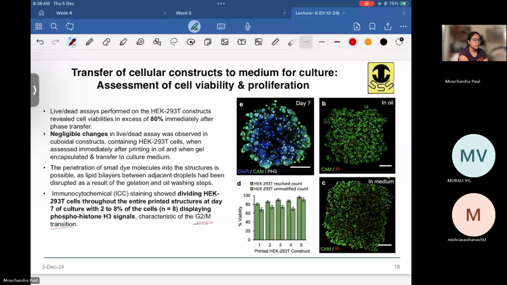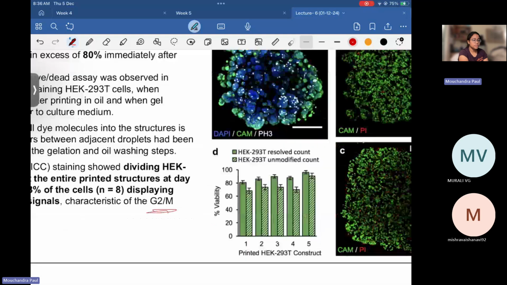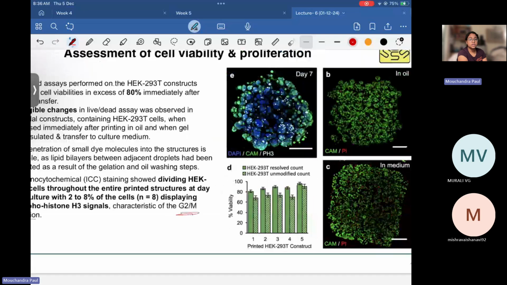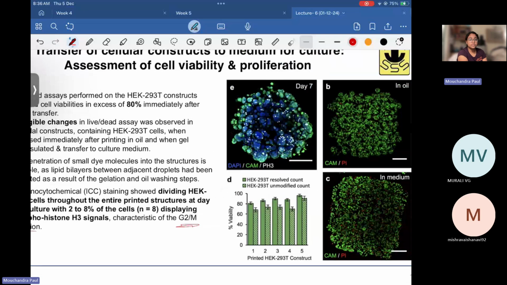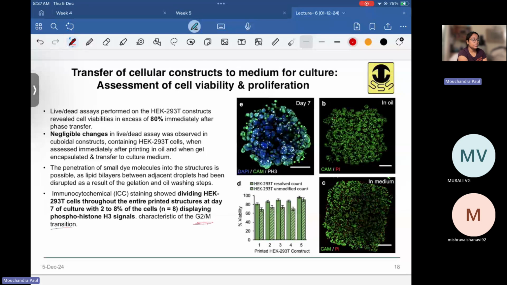Okay, this is the graph that shows the cell viability. They checked five constructs, and all five have a similar viability, close to 80%. So what we understand is that the transfer to culture medium didn't affect the cell viability.